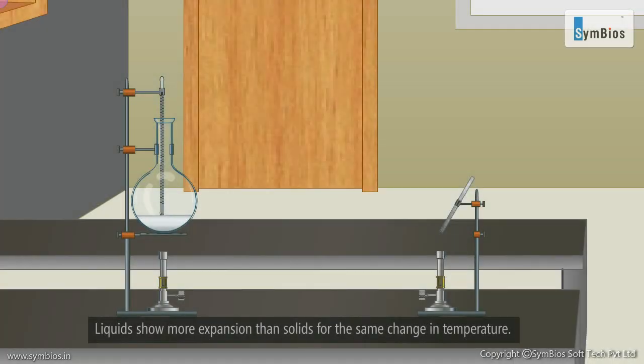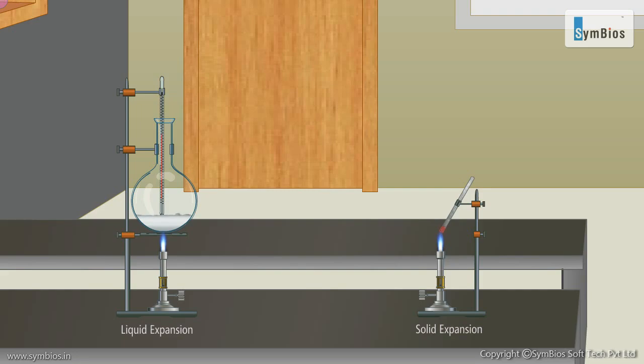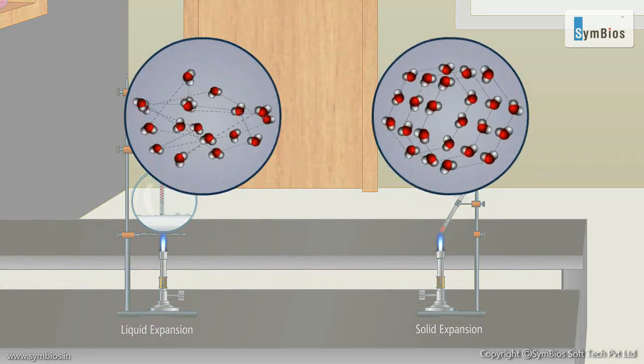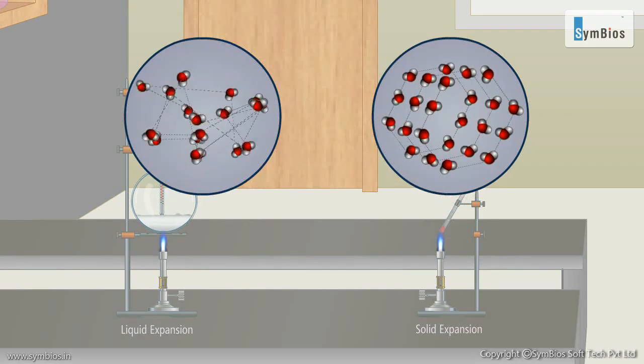Liquid and solid expansion differs, as the molecular structures of liquids and solids are different. They show a difference in expansion. Liquids expand more than solids for the same change in temperature.